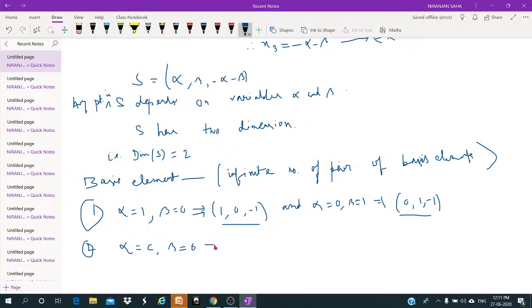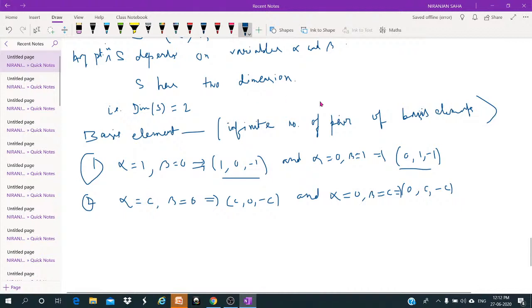Then we will have one basis element C, 0, minus C, and alpha equal to 0 and beta equal to C. Then we will have the basis element 0, C, minus C. You can very easily check that they are linearly independent.